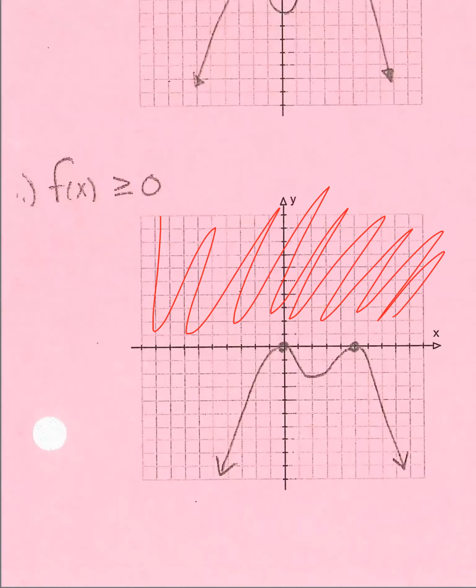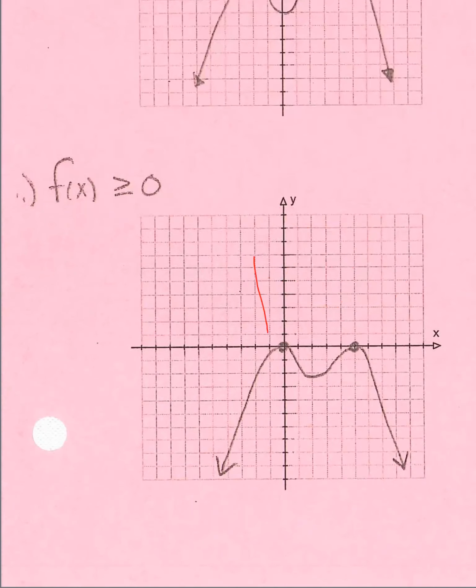Well, there aren't any parts, so this function actually never gets to be positive, but it does get to be equal to 0, right? Because remember, this is saying anything greater than or equal to 0. So I don't have anywhere where it's positive, but I do have 2 places, there and there, where it does satisfy this inequality. Okay, because it is equal to 0 there.